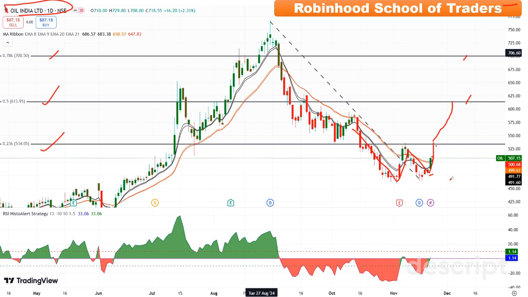Although the oil futures commodity market has given an upsurge for the last 2 days, the first stock we have filtered is Oil India Limited. The headroom is very high. If we get the rally, then we have somewhere between 507 till 750, so almost 250, almost a 25% move we are looking at. We can expect this from Oil India.